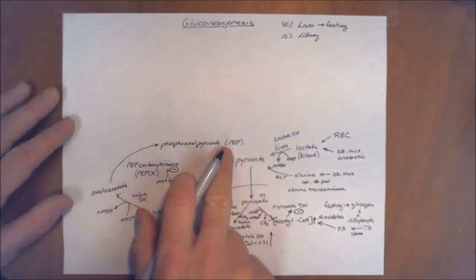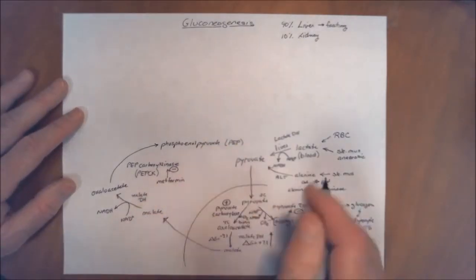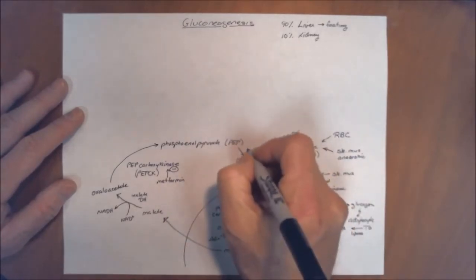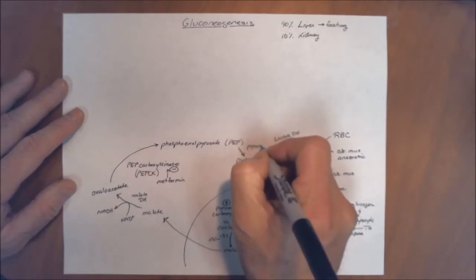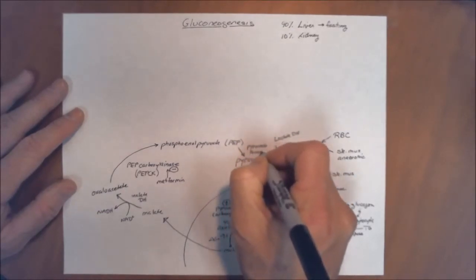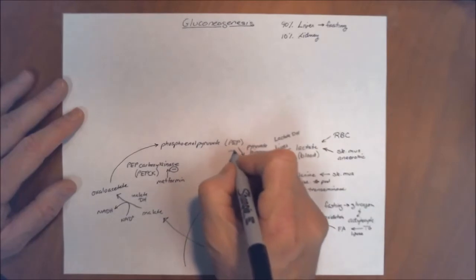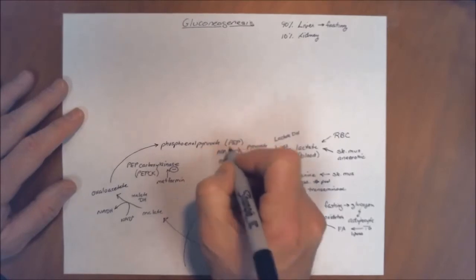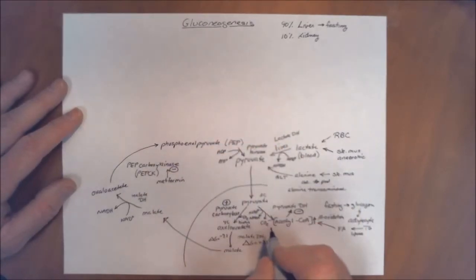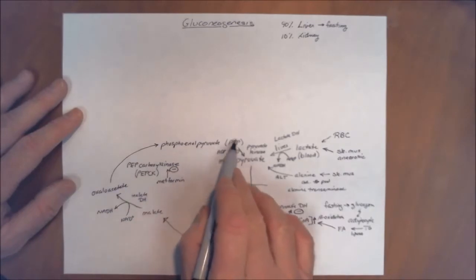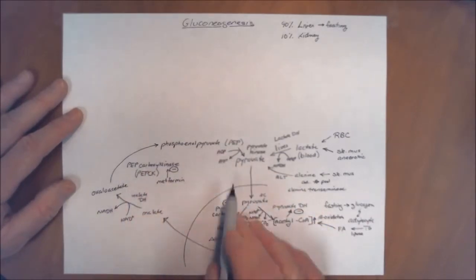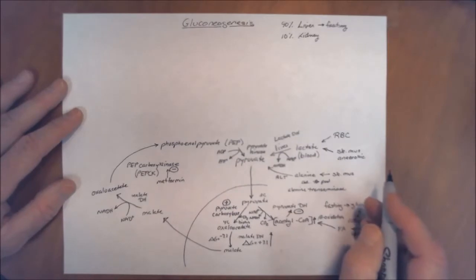Now, once we arrive at PEP, we have to take a look at the forward reaction. Recall the forward reaction in glycolysis is accomplished by pyruvate kinase. This is our second ATP generating step in glycolysis and an irreversible reaction. So we have to prevent the PEP from going down this pathway in glycolysis, or we will have a futile loop. We will never be able to get these substrates into gluconeogenesis.